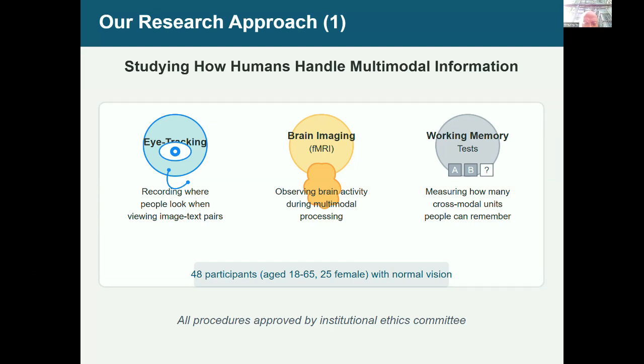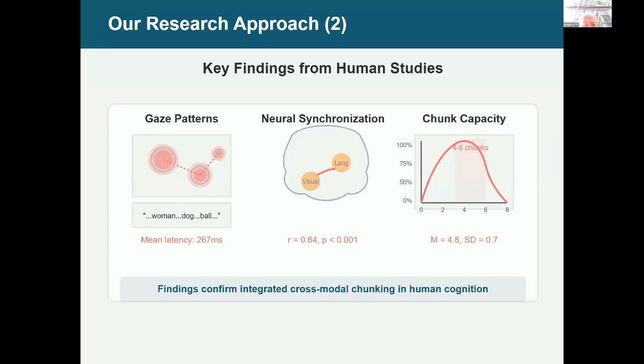And we conducted working memory tests to see how many items people can remember at once. These studies give valuable insights into human multimodal processing that we could then apply to a system.